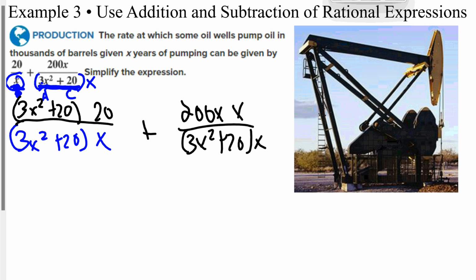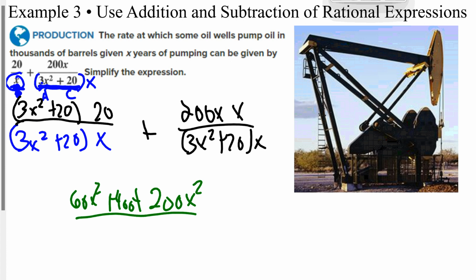Okay, so this becomes 200x squared plus 60x squared plus 2 times 2 is 4, add 2 zeros, 400, all over x times 3x squared plus 20.